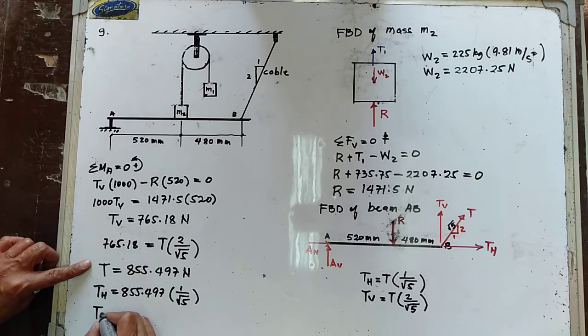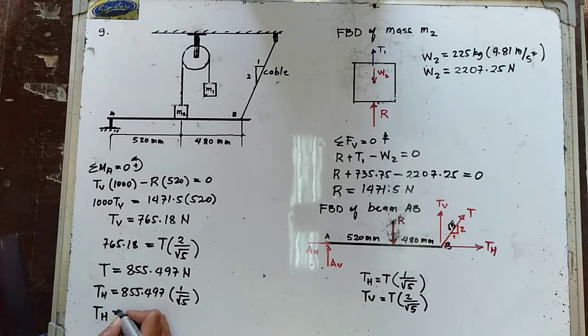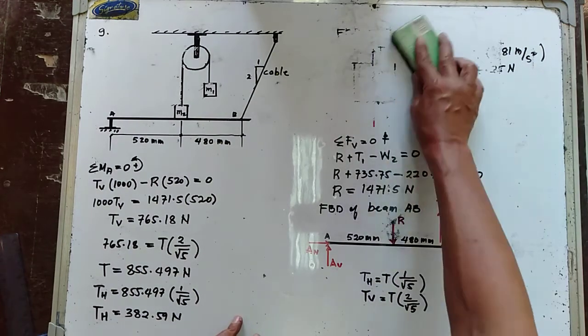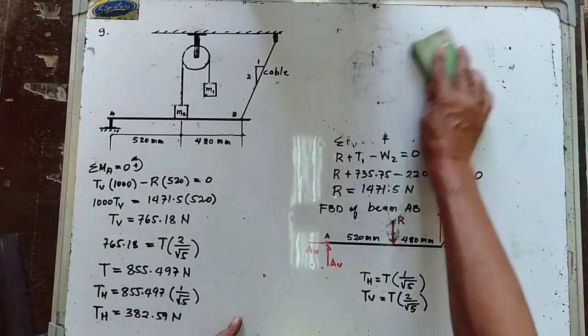So your T horizontal is now equal to 382.59 newtons.